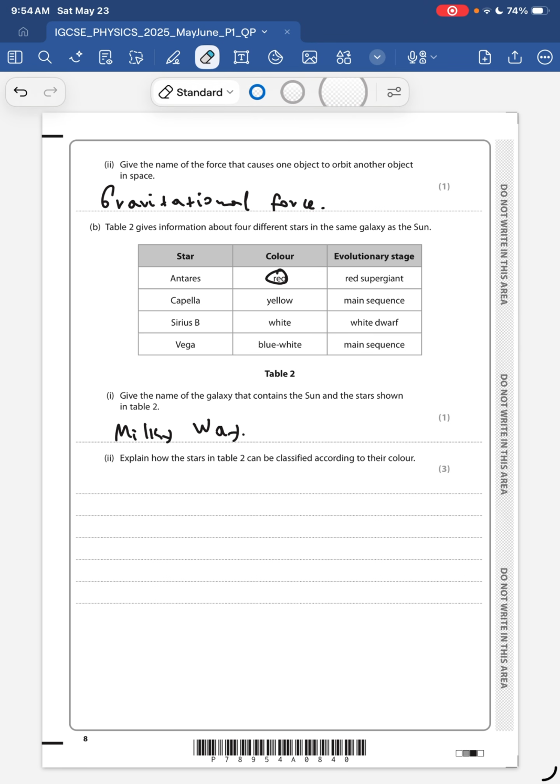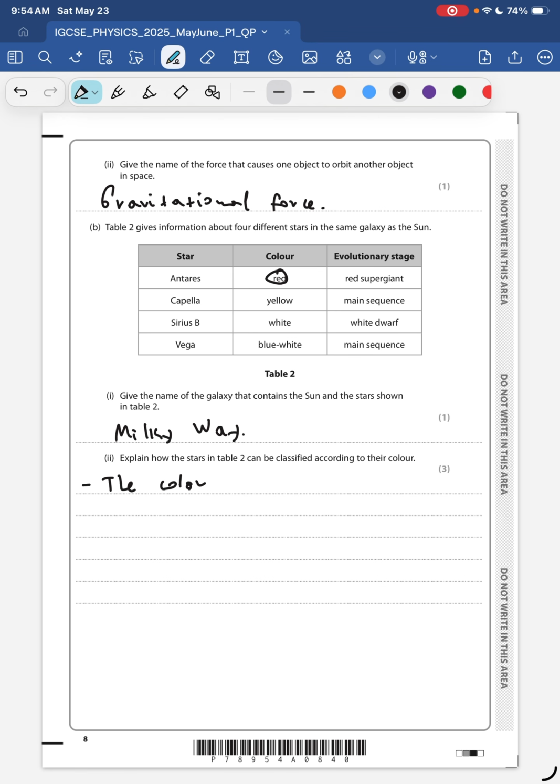I have it here in front of me, though I don't really use it. Yeah, they ask to classify in terms of temperature. So let's do that. So the color of the star depends on its surface temperature.